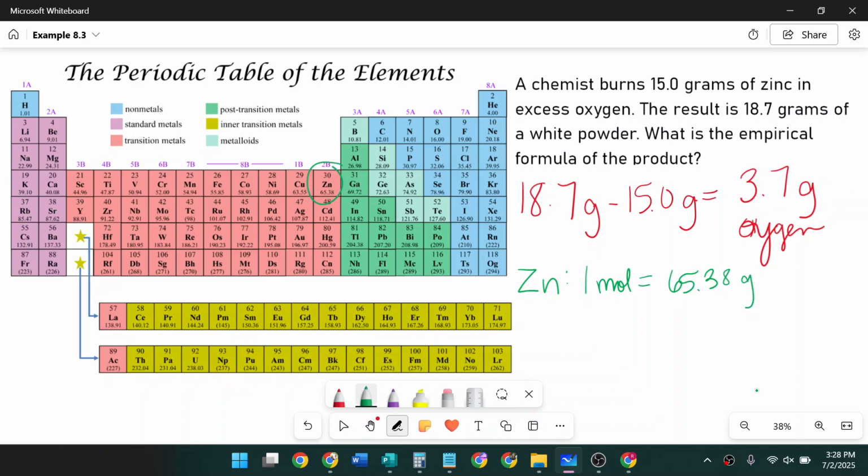And then for oxygen, we have 1 mole is 16.00 grams. So we can use those to figure out how many moles we used of each of these substances.